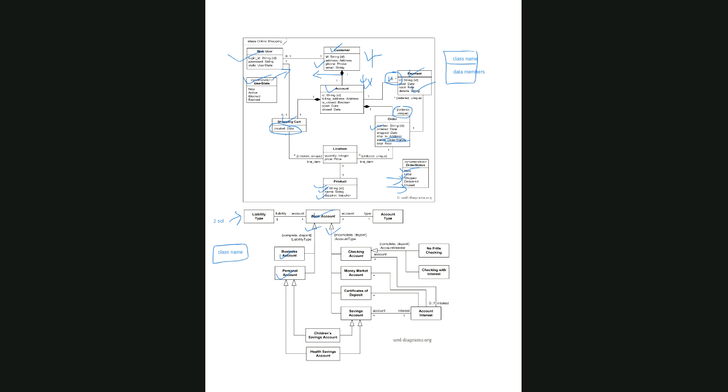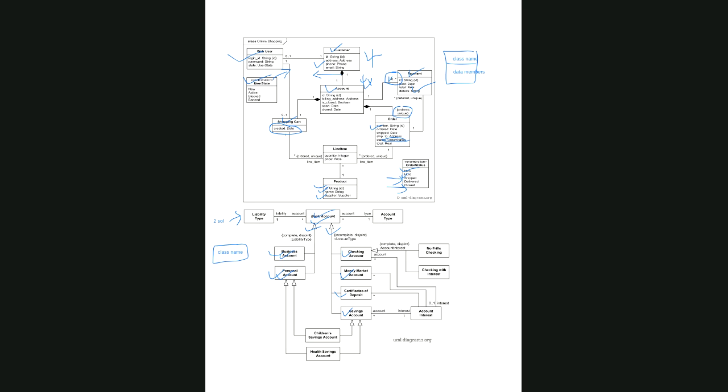So here bank account is called a parent class, and business account and personal account are called child classes. Similarly here also, checking account, money market account, certificates of deposit, saving accounts are all children of bank account. But you see, there is one strange thing.